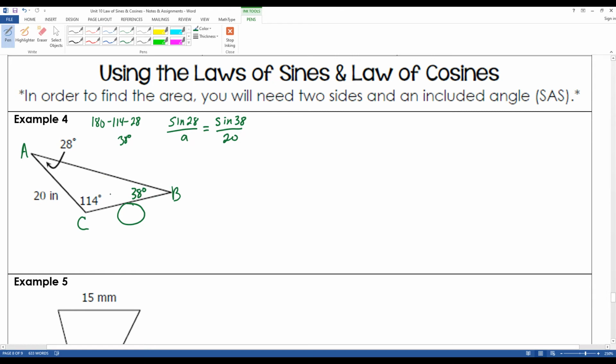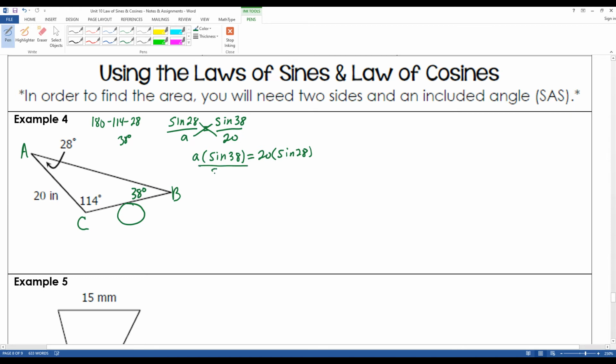So I have to note what I have. I had to use 20, so I had to find the angle 38 degrees. And I have the angle A here, 28 degrees, and I need to find this side. So we cross multiply. A times sine of 38, if you remember way back when to the first unit, equals 20 times the sine of 28.